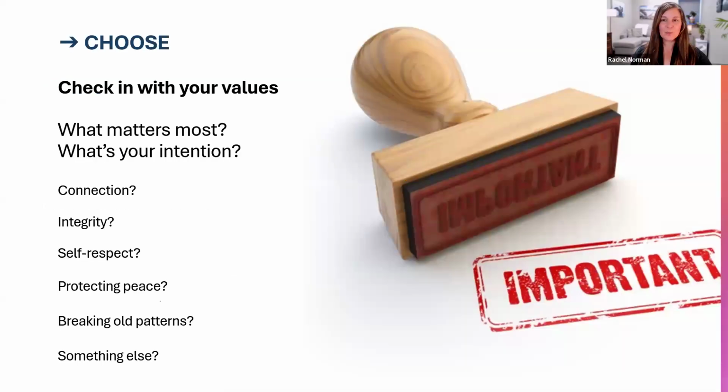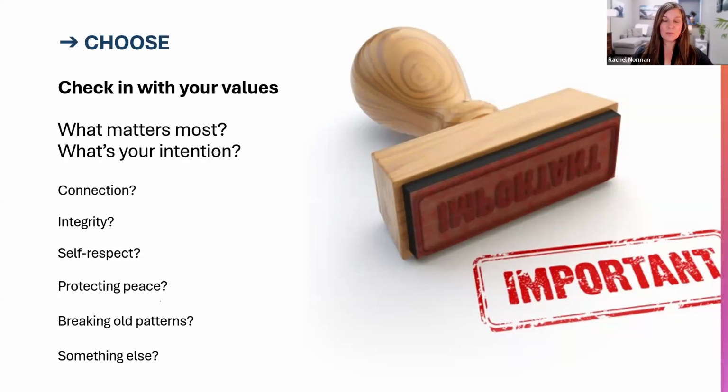And up front, just thinking about values and what matters most to you. So our poll earlier showed a variety of different challenging interactions that some participants on this webinar today have experienced. Thinking about that interaction, what matters to you most with that interaction, right? What's your intention with this person? What are you hoping for? Is it connection? Is it integrity? Is it self-respect?